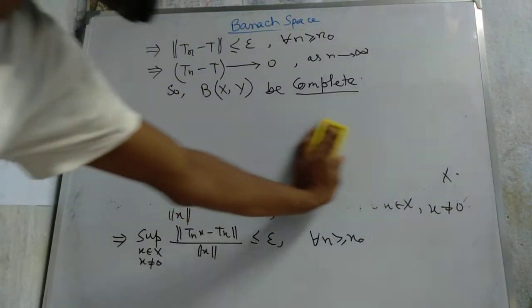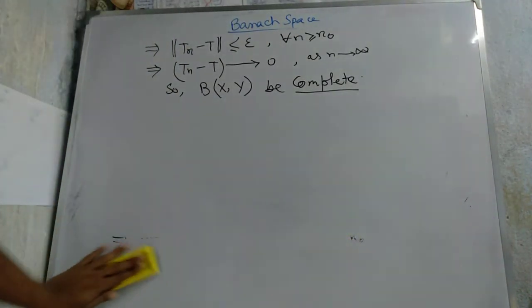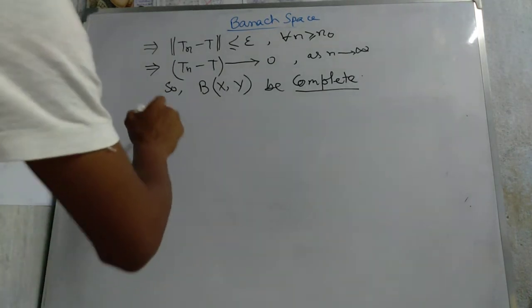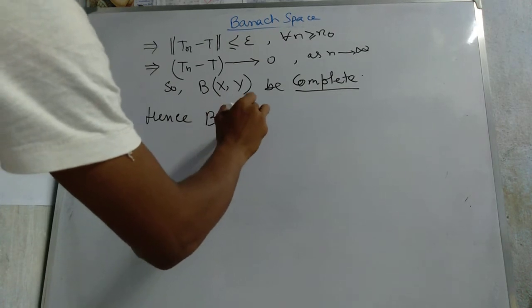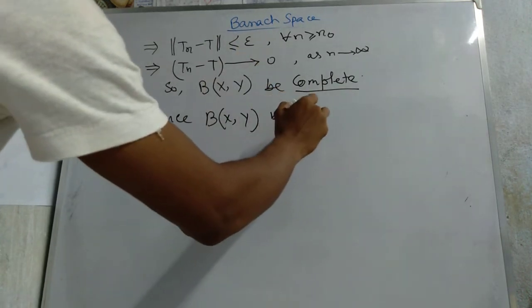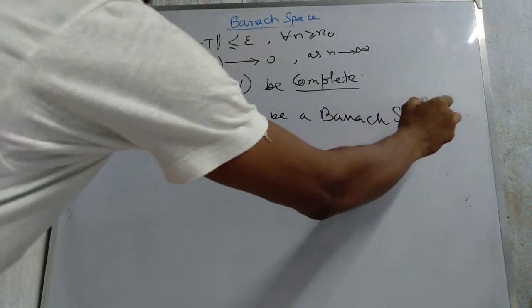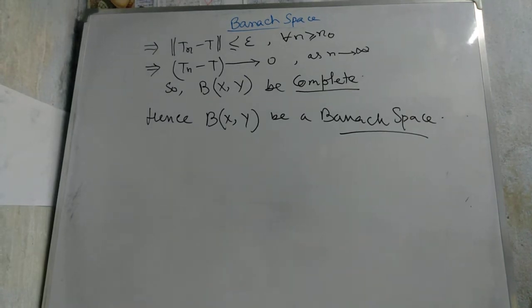B(X,Y) is complete because every Cauchy sequence is convergent in B(X,Y). Hence B(X,Y) is a Banach space. Okay, so we do it so easily.